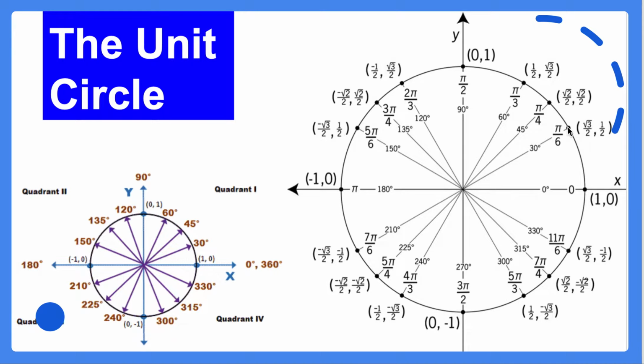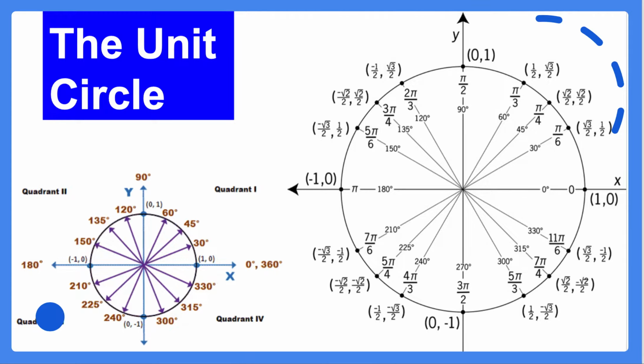But now the point here, for example, in each point, the first coordinate signifies the cosine theta or cosine x, and the second coordinate signifies the sine theta or sine x.